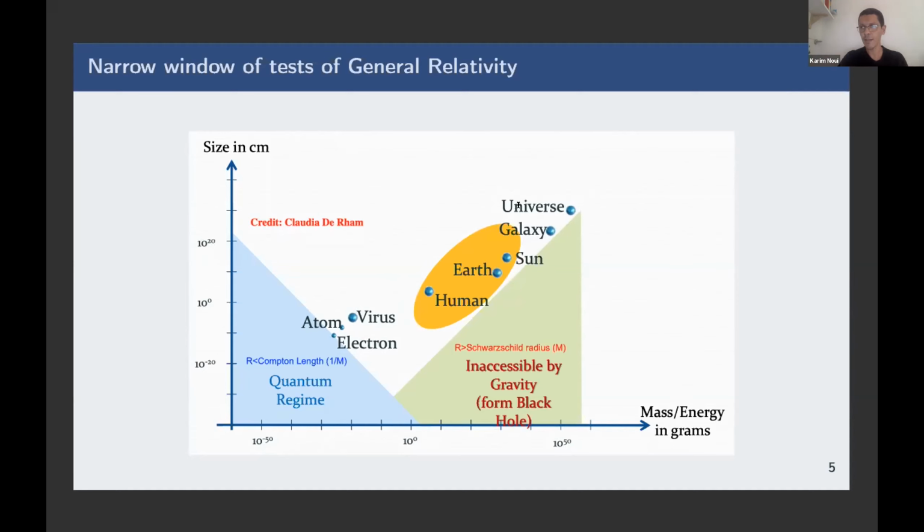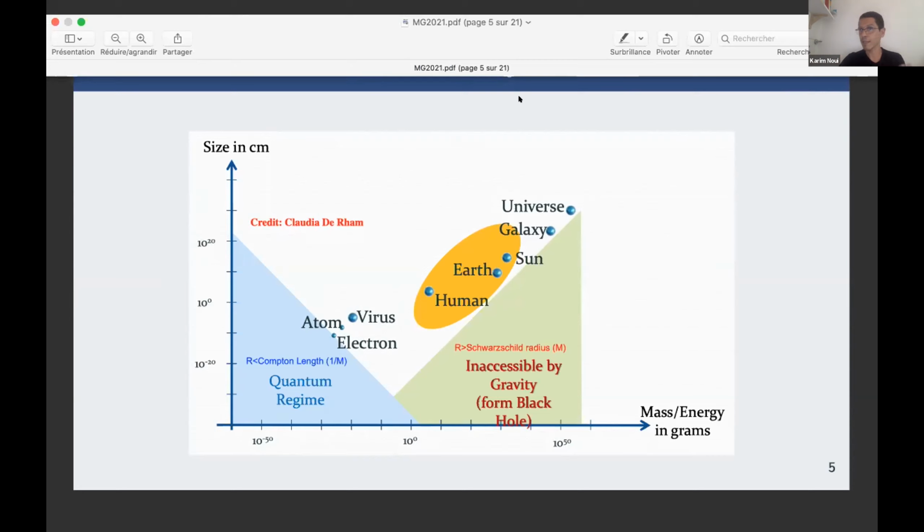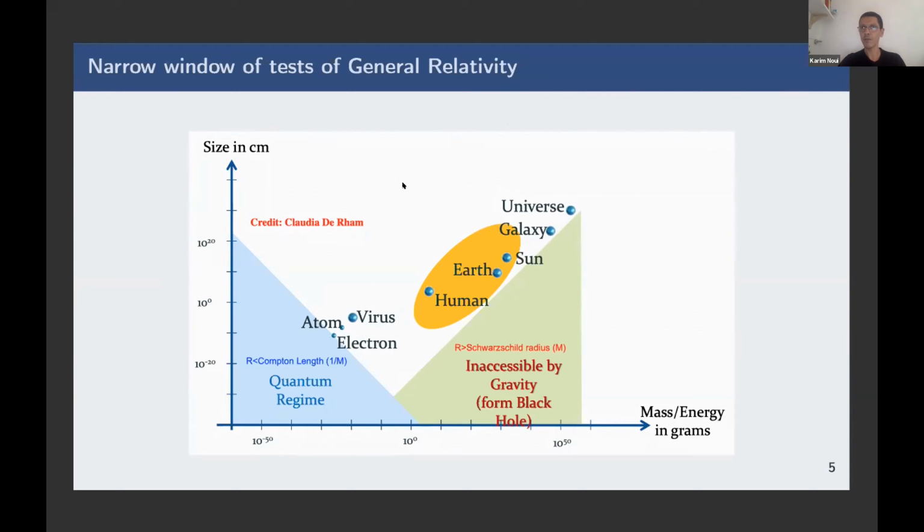For instance, at large scales, at the scale of the universe, and also at small scales, we don't know whether general relativity is a good theory or not, because it has not really been tested at these scales. So there are a lot of reasons to believe that we can go beyond general relativity.